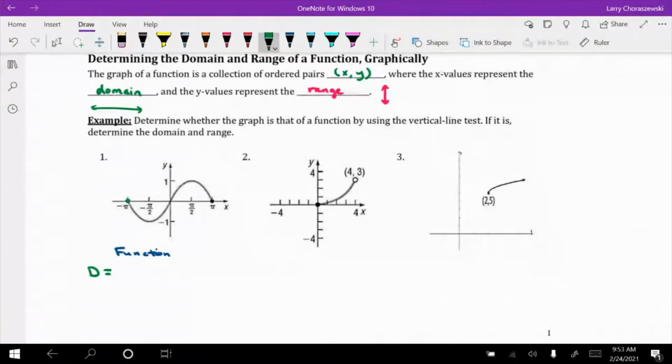The graph definitely has a starting point, and it would be right here. Negative pi would be the first value of x being used on this graph. So let's write negative pi. What's the last value of x being used for this graph? Yep, positive pi. Everything in between these two values is being used as well. Otherwise, you wouldn't see the graph, nice and connected like that.